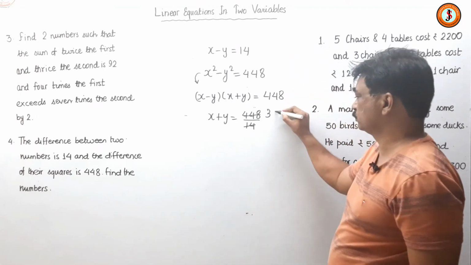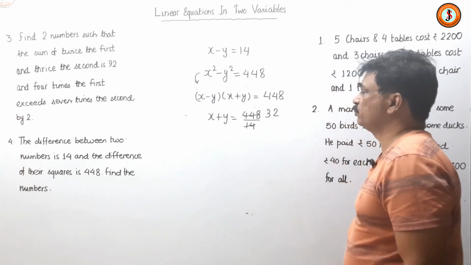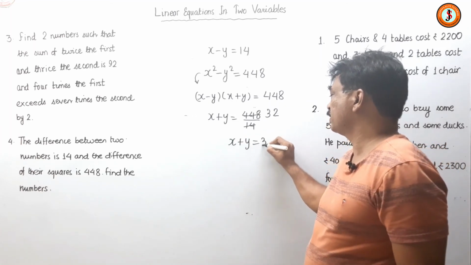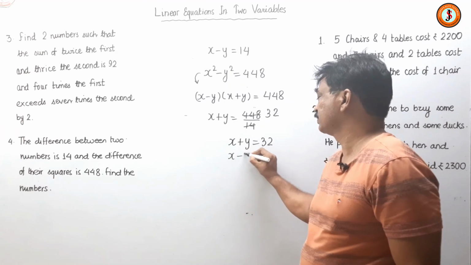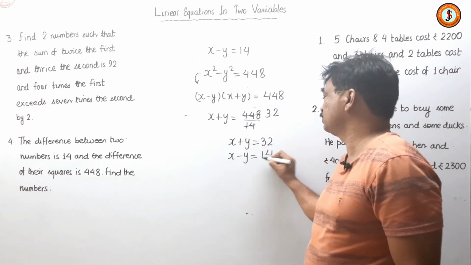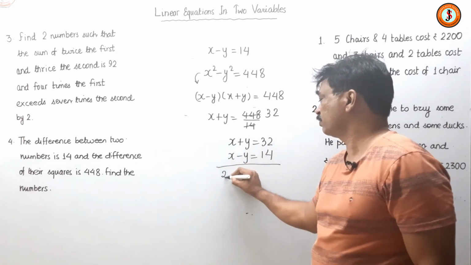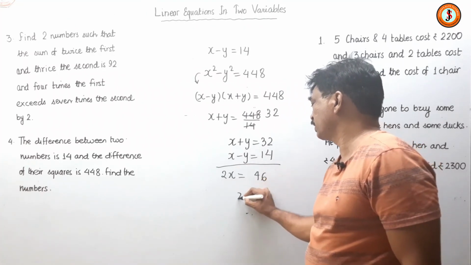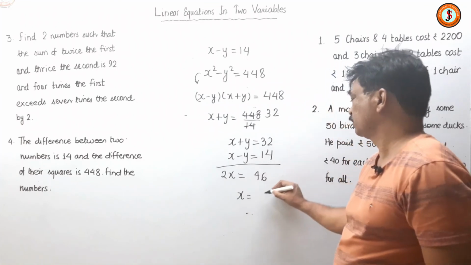And now 32. So x plus y is 32 and x minus y is 14. So I just add these two equations. So what will happen? 2x is equal to 46, so x is equal to how much? 23.